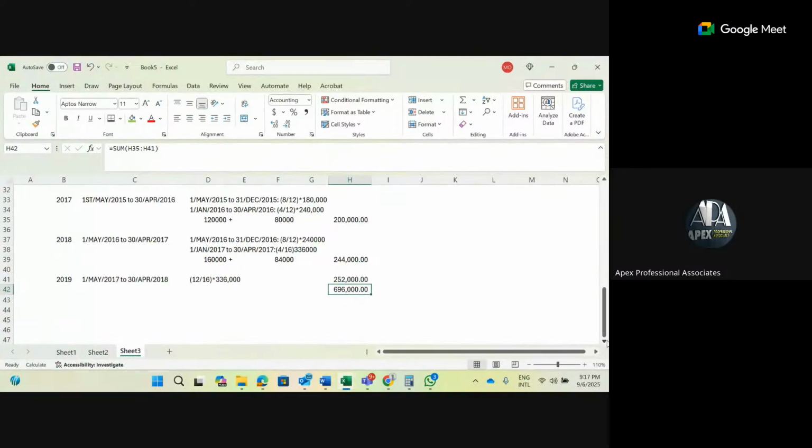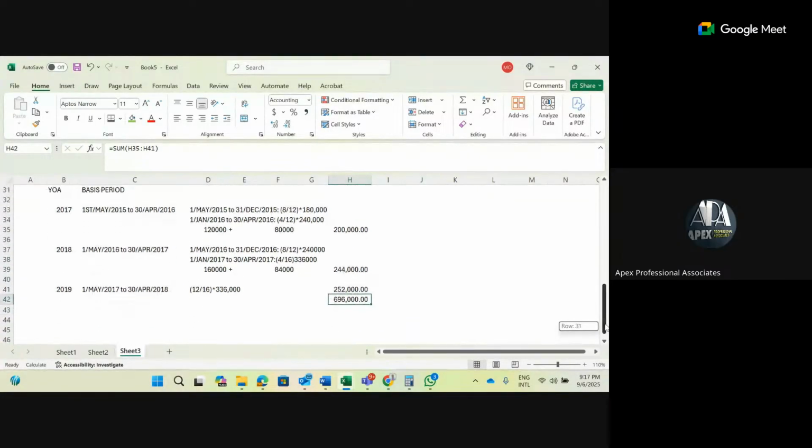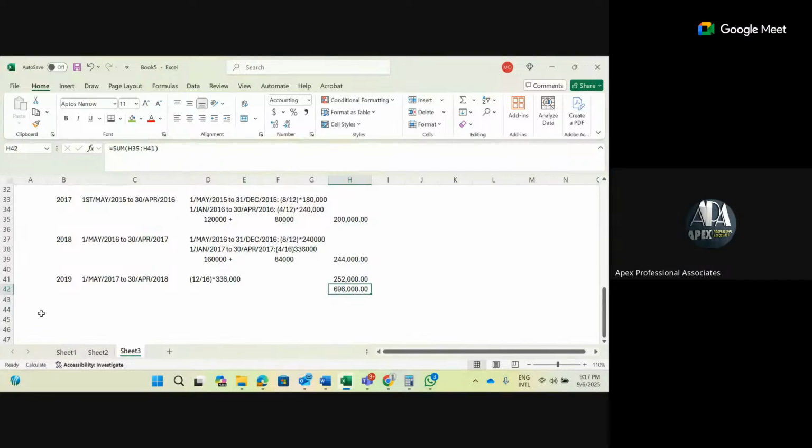If you are the one working in FRS, which one are you going to select? Definitely, you are going to select the one of 696,000. So it is important for you to write the comment that FRS has the right of election.